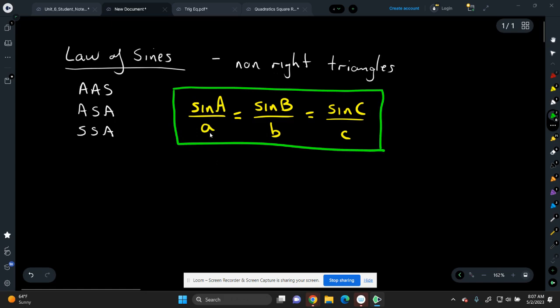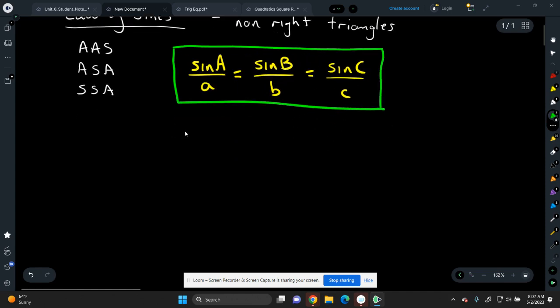So I could do sine A over A equals sine B over B, or sine A over A equals sine C over C. It doesn't matter. All three of them are equivalent. So what does that actually mean? Because it's kind of confusing looking.